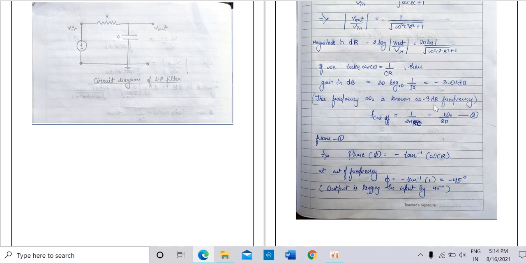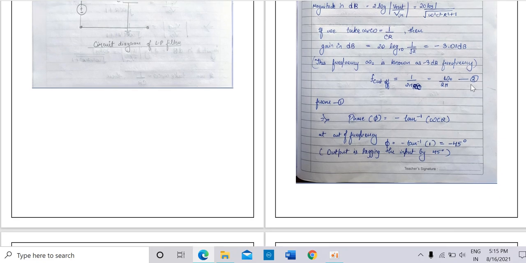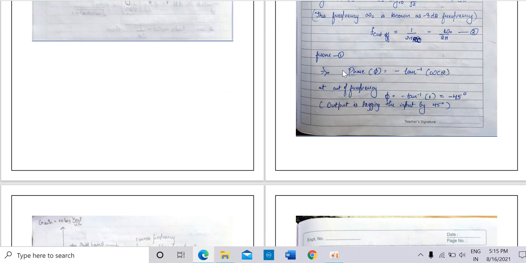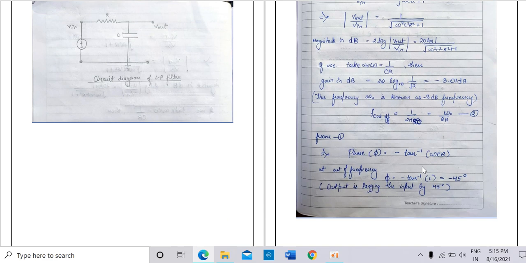By definition, the cutoff frequency of a filter is the frequency at which the output voltage equals 0.707 of the input voltage, that is 1 by root 2. This is the formula over here, and the formula for the phase of the low pass filter is minus tan inverse omega CR.